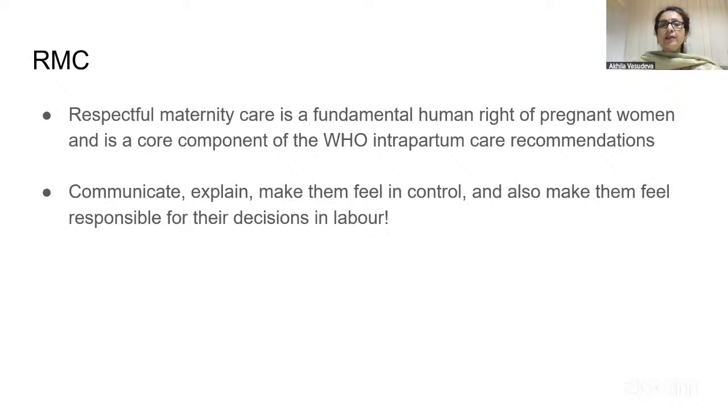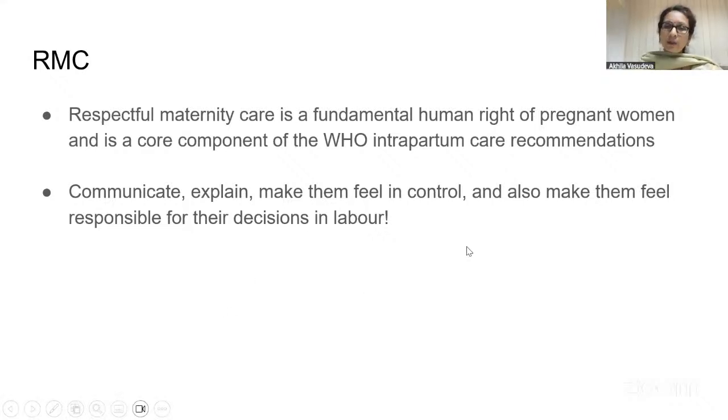So when they feel that they have been given the choice and they are an essential part of the game when these choices are made, naturally they feel responsible for their decisions, and then a lot of litigations and a lot of problems can be avoided.